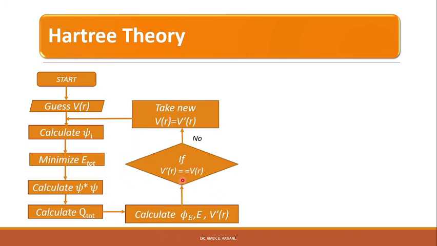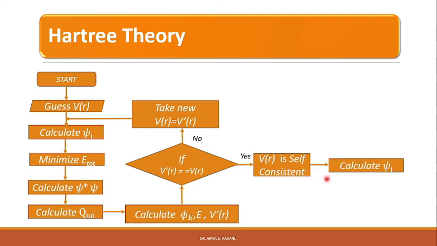If the new potential we obtain at the end of several cycles is equal to the potential used in the previous step, in that case we say that the potential we have used in the previous step is self-consistent, right? So from that self-consistent net potential, we calculate the wave function psi i, and from this we calculate the total energy of the atom, right? And the process is stopped here.